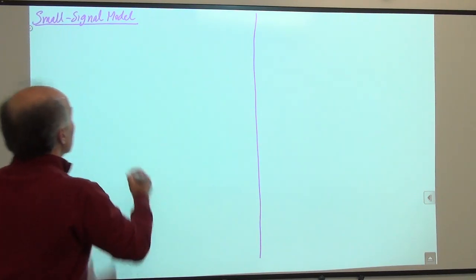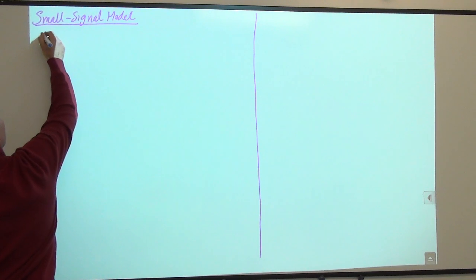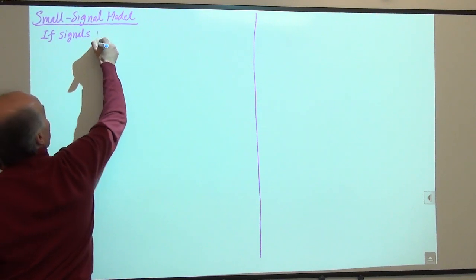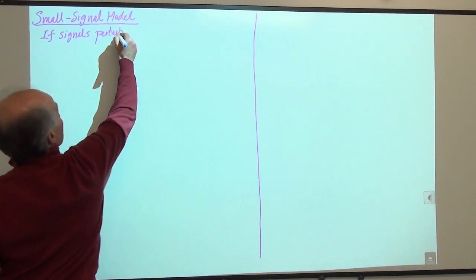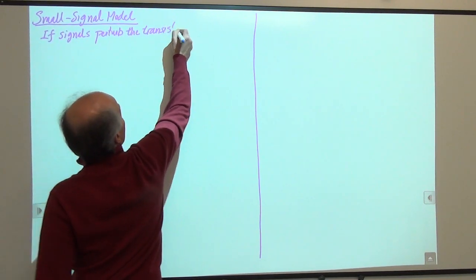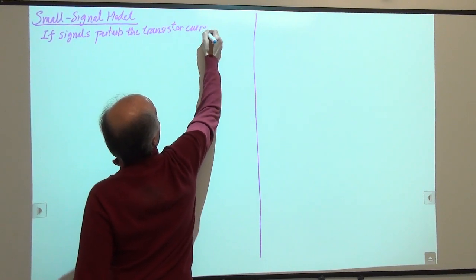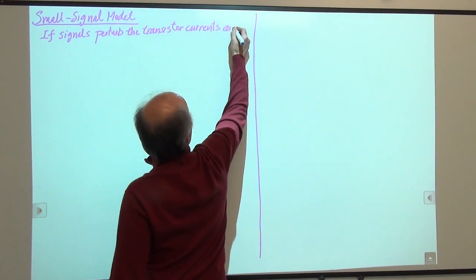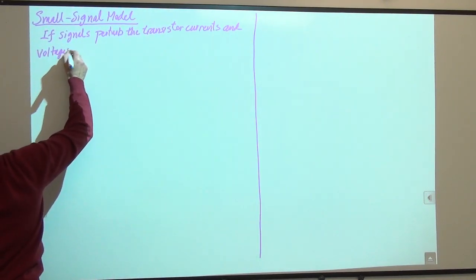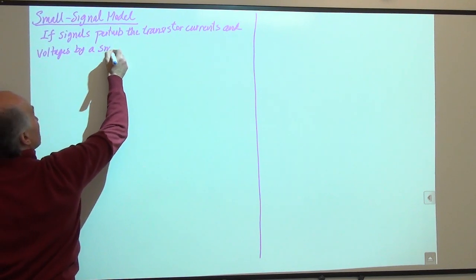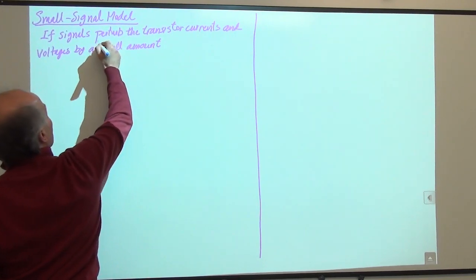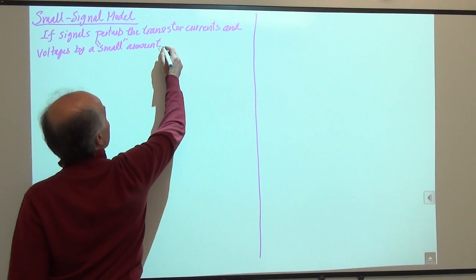All right, so the small signal model is important when, say, signals perturb the transistor currents and voltages by a small amount, where small is somewhat poorly defined.